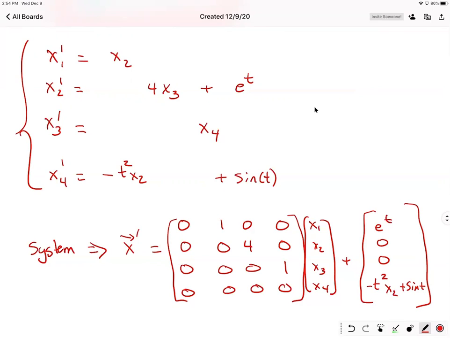And so what I've done is converted this system of differential equations that was a higher order into a first order system of differential equations. And that is an important idea.